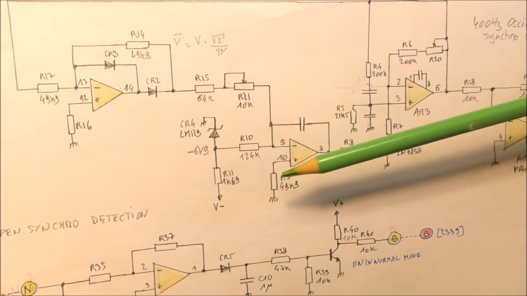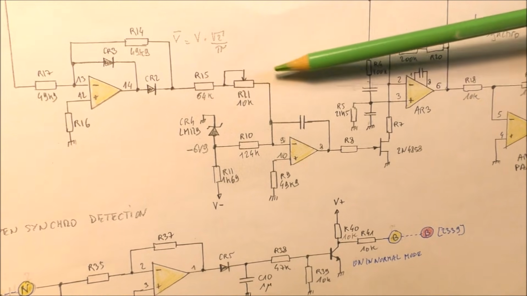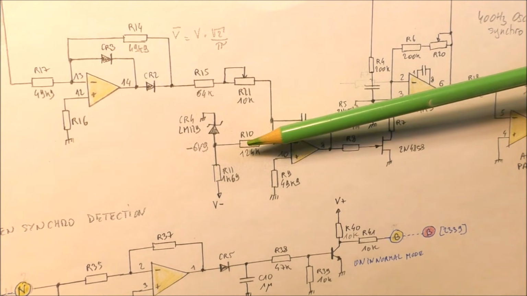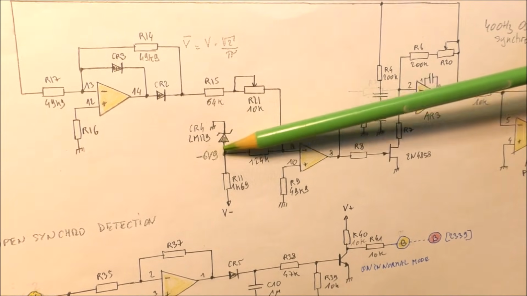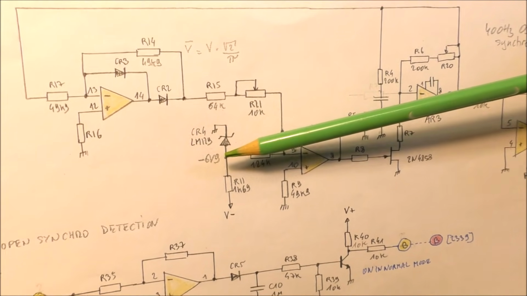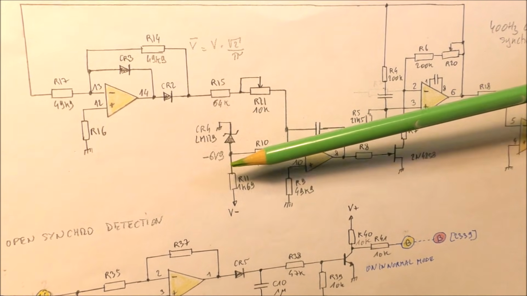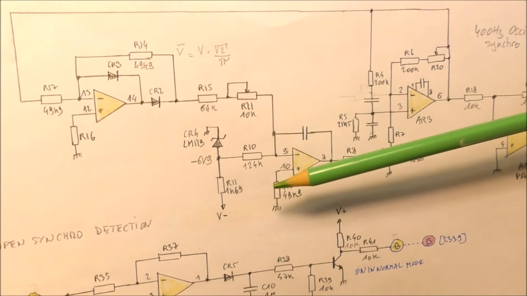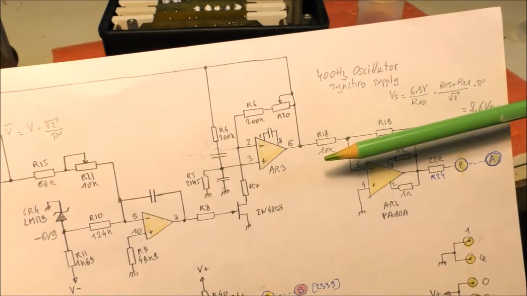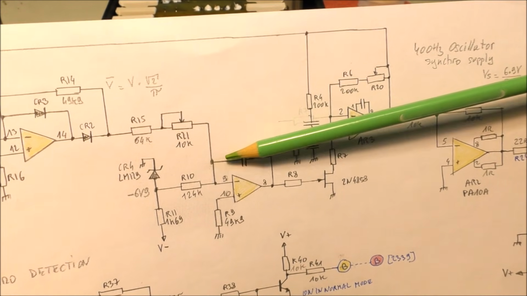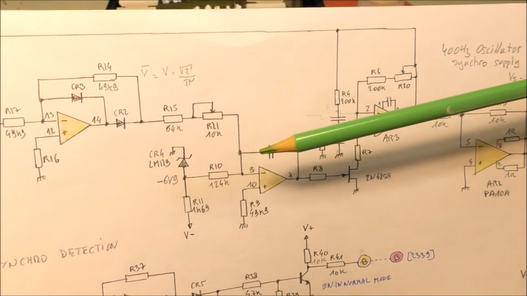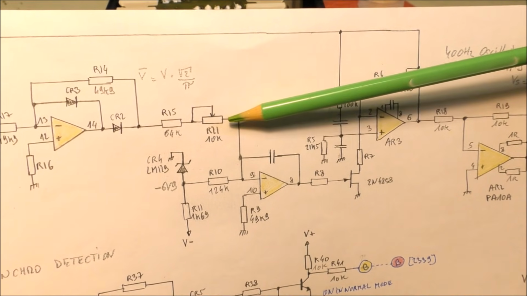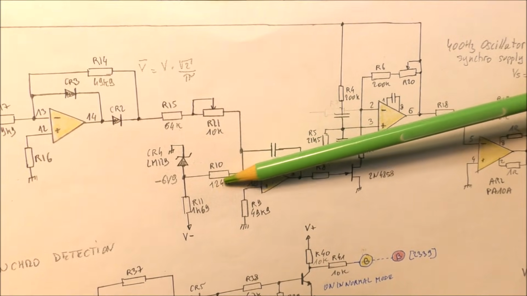The voltage is 0, and this current is compensated by another negative current, which is given by this reference diode here, which gives a reference voltage of -6.9 volts, and this resistor. At the end you can calculate, because we have of course a null DC current flowing through this capacitor, so this current is the same as this one.